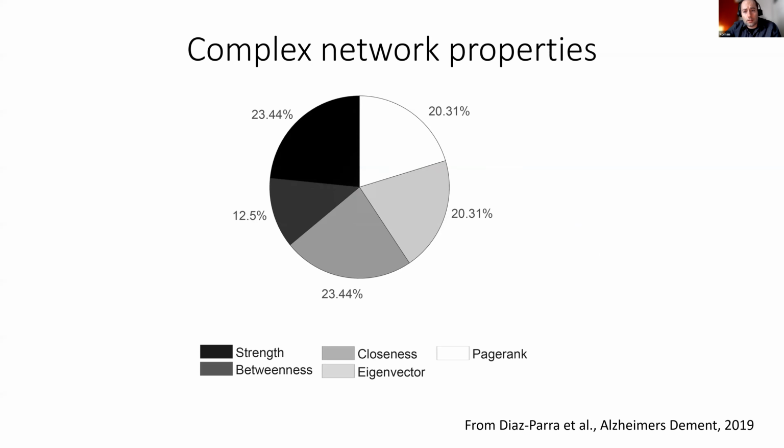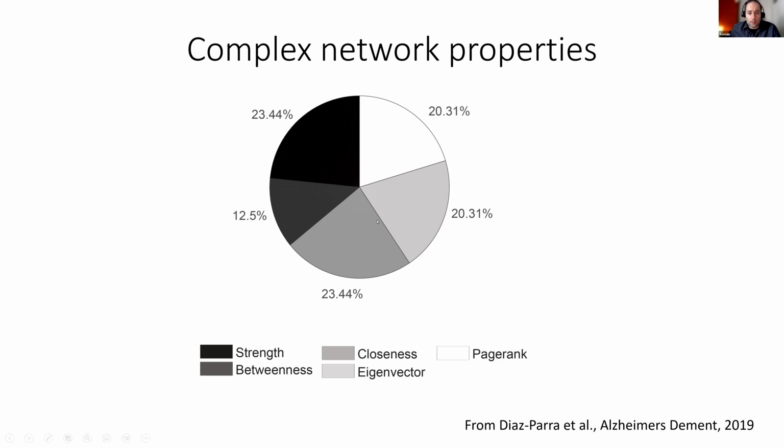And so what we did then is we extracted a lot of different complex network related features from each subject, and then we did feature importance ranking. We looked at the different features and used machine learning in order to identify features which are more informative than others for classifying Alzheimer's disease versus healthy subjects.